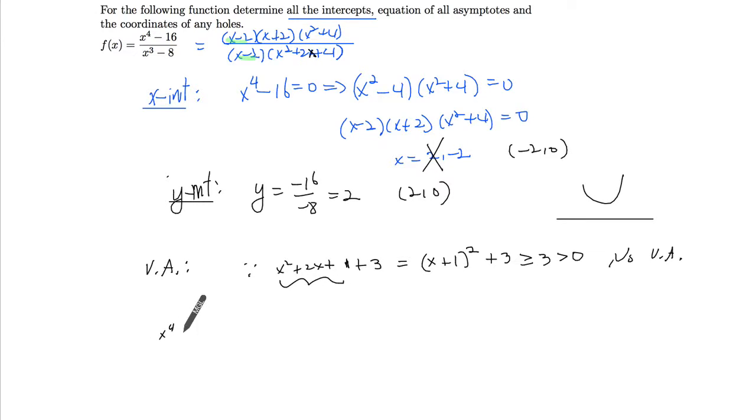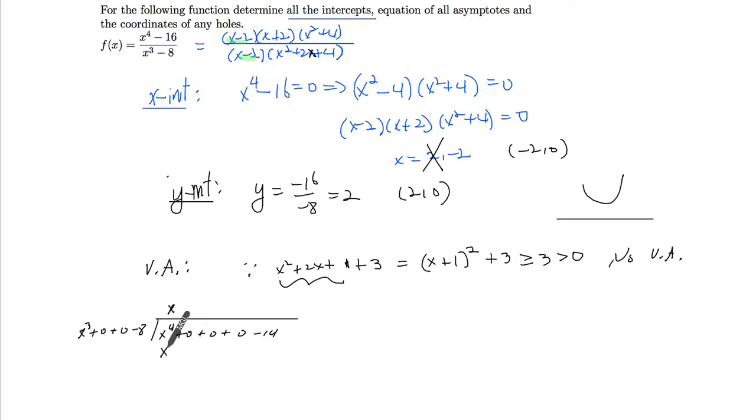x to the power of 4 minus 16. So for long division, we need to put placeholders for degree 3, degree 2, degree 1, and then the constant. Okay, and then same thing, x cubed, degree 2, degree 1, and then the constant. So we need to put x here, right?